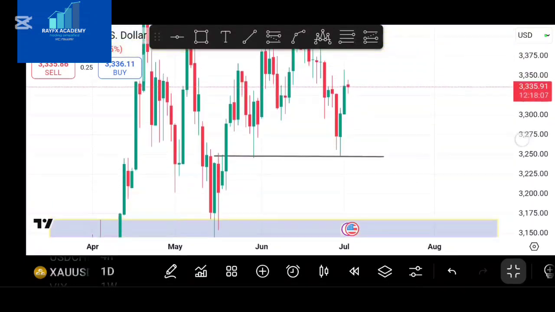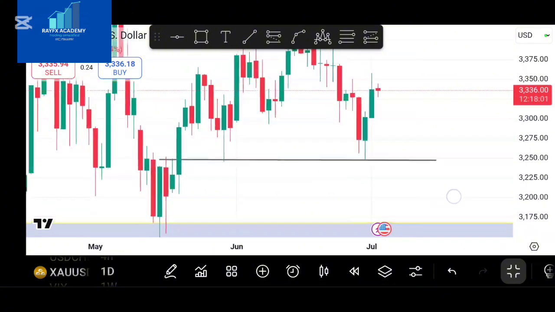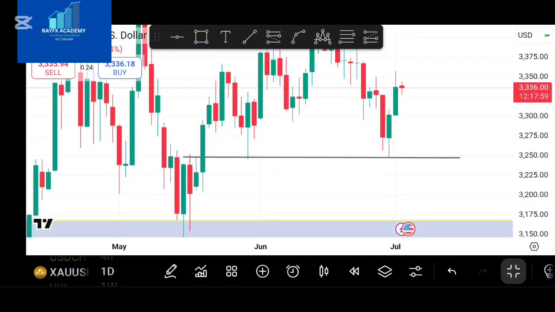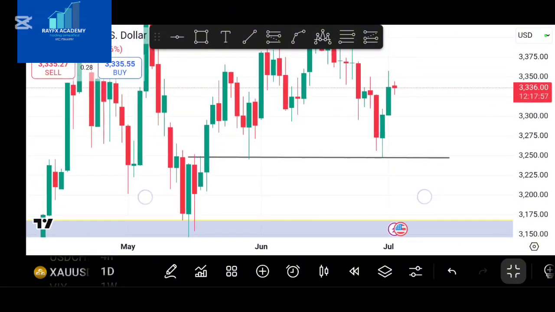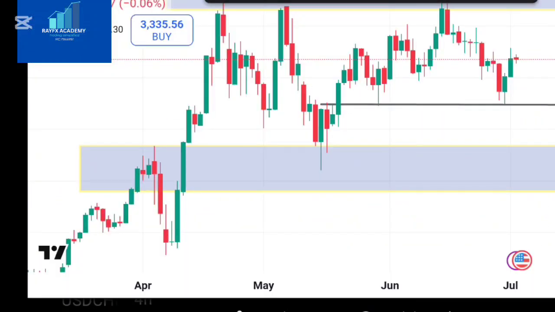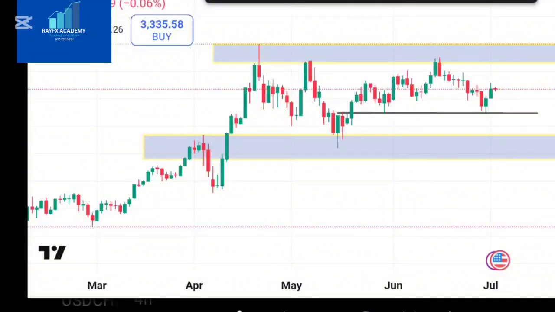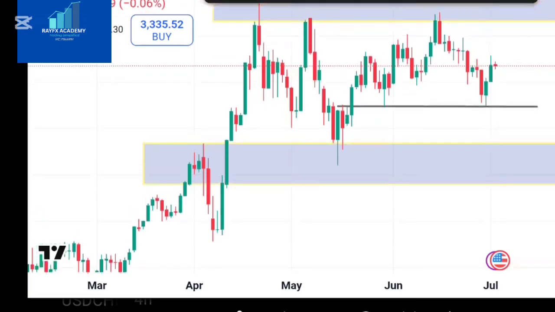The market is consolidating. Looking at it very well, you will see that it came back down here, and then instead of continuing to our major weekly support, it decided to move from this zone. The market moves from zone to zone.